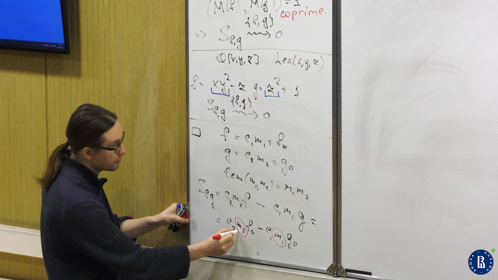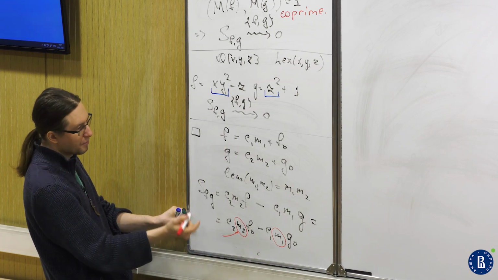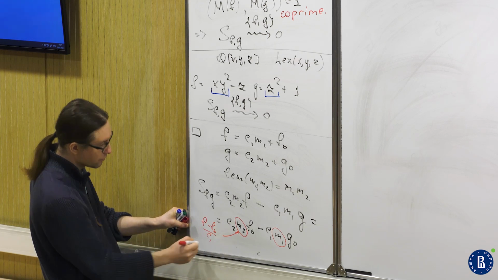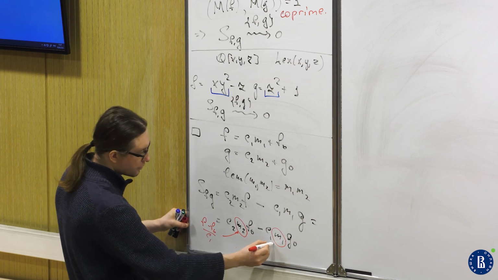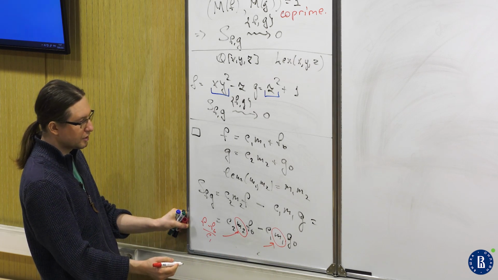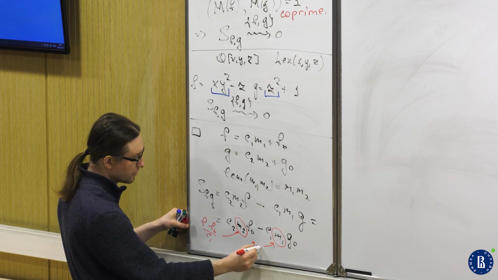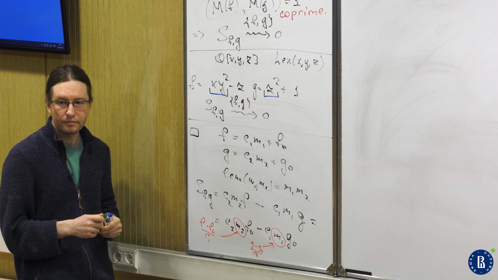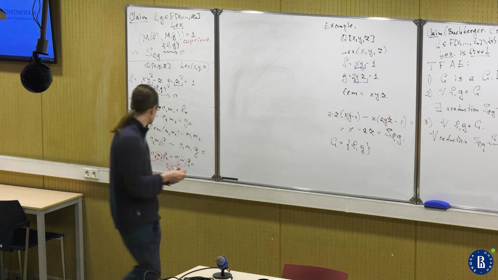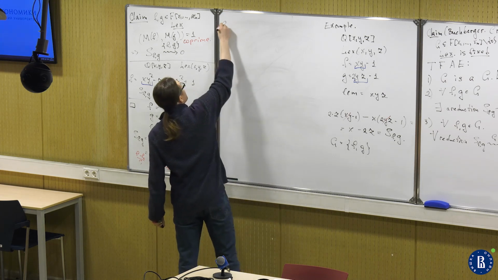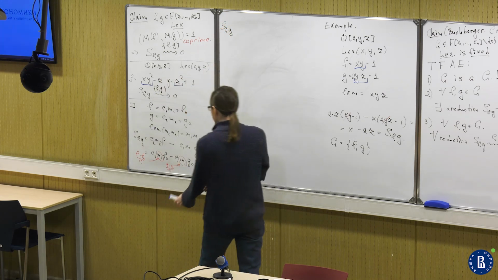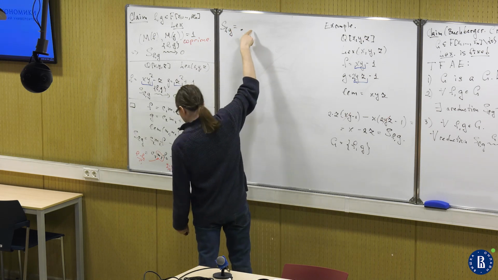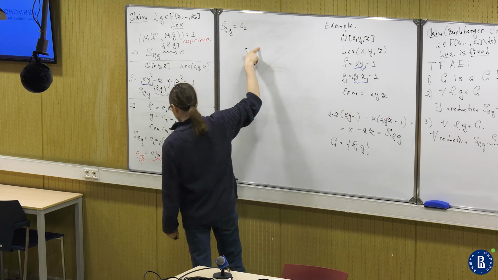So I want to substitute here f minus f0 over c1, and here g minus g0 over c2. Now, what will we get? The S polynomial of f and g can be expressed as what?